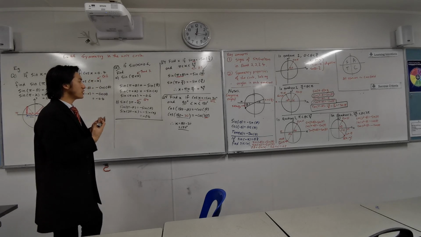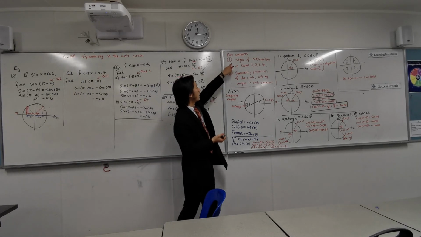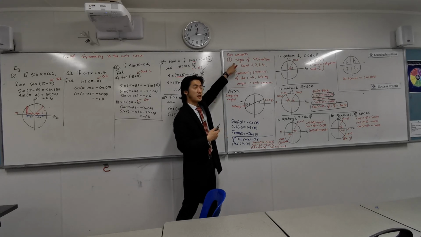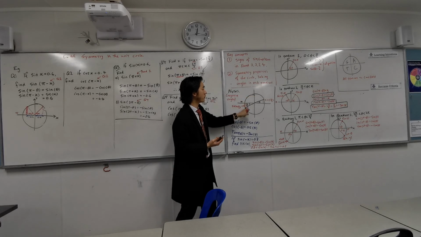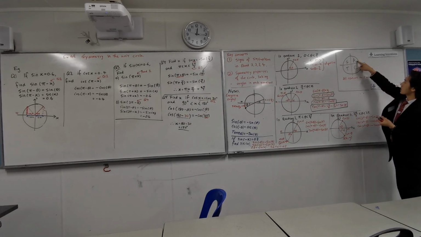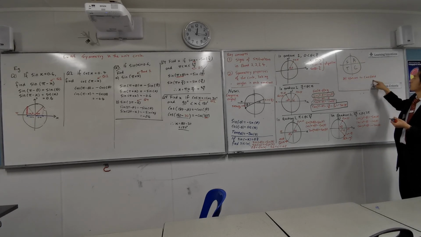Okay, so we've come to the end of this lesson. We've discovered how the signs of sine, cos, and tan can change, positive or negative, based on whichever quadrant you're in. And to summarize, the useful mnemonic to remember this is ASTC: all stations to Caulfield.